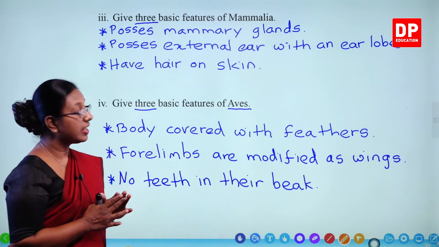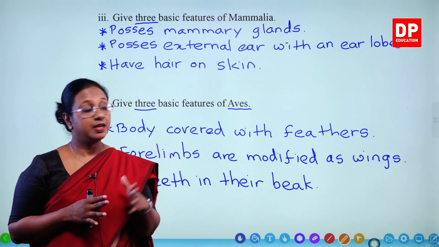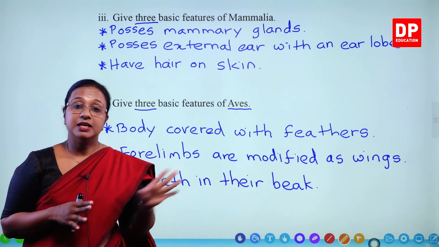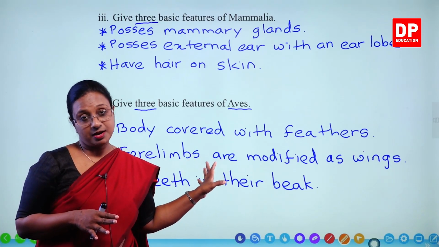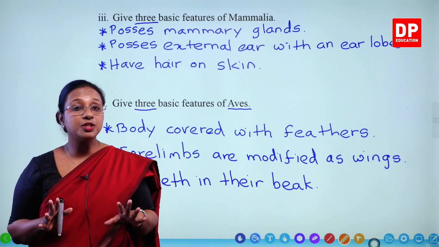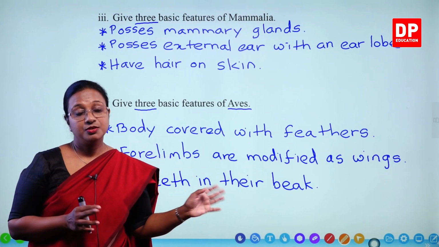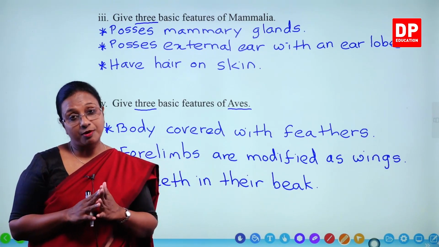Now, can you all say they have a streamlined body shape? Is that a basic feature? It is a feature of aves, birds, but that is common to both aves as well as fishes. So, there it's a common property.